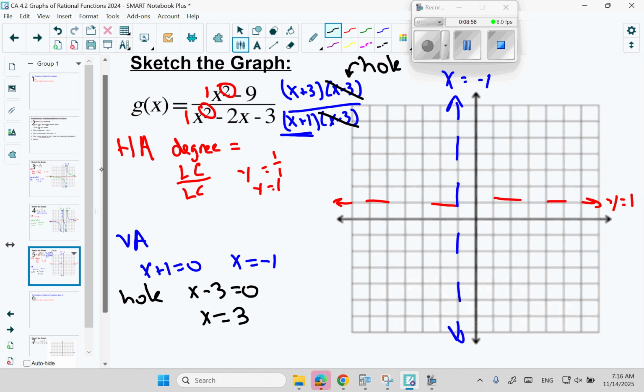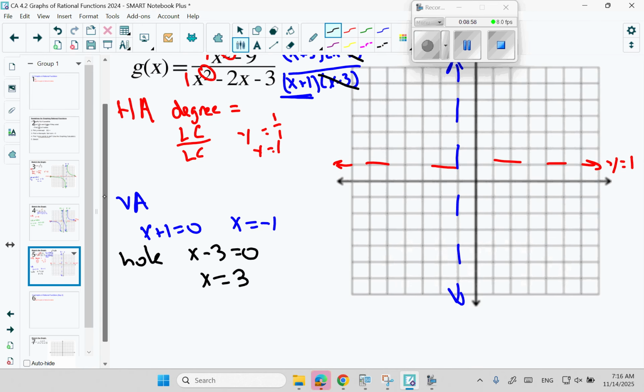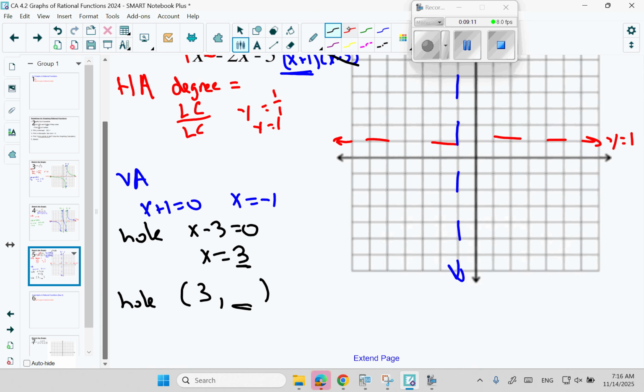Now, on your online homework, your WebAssign, it describes holes as an xy coordinate. We can agree that my x coordinate is going to be 3, so the question becomes, where do I get this other coordinate? Well, you plug in 3 into your reduced fraction.